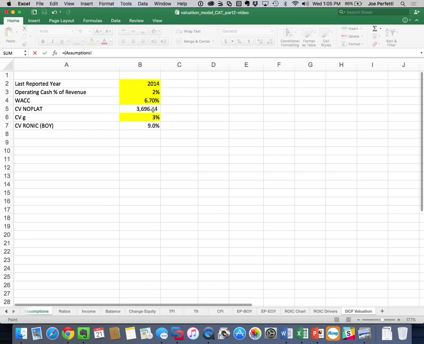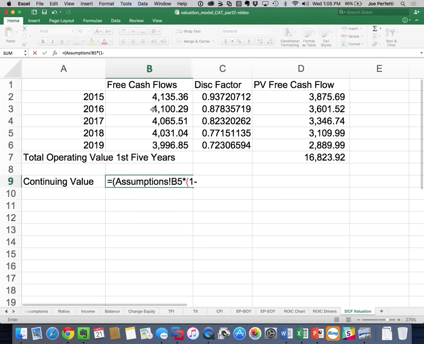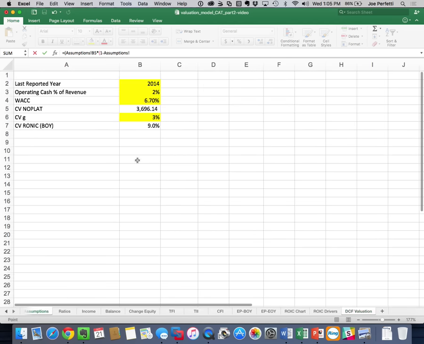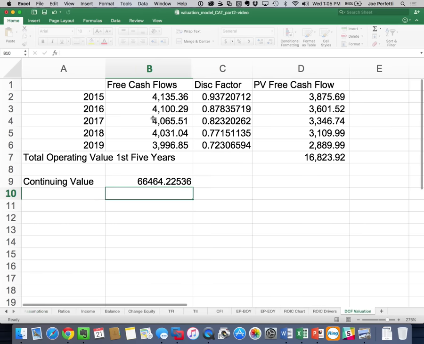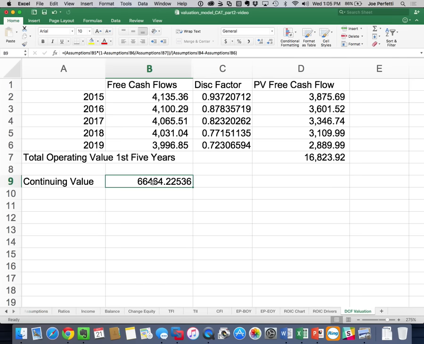So, I take my continuing value NOPLAT times left paren, 1 minus, from the Assumptions tab, continuing value growth divided by continuing value RONIC, right paren, divided by left paren, WACC minus continuing value growth, right paren, enter. That is my continuing value.